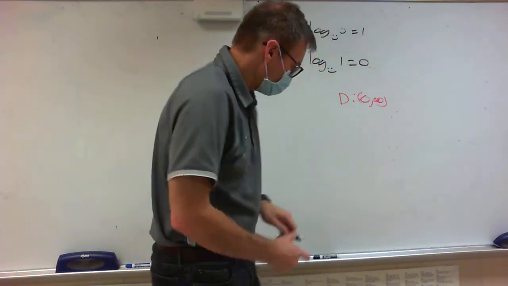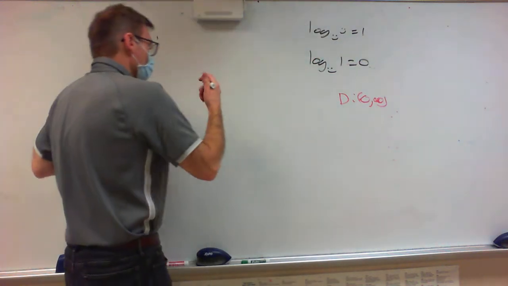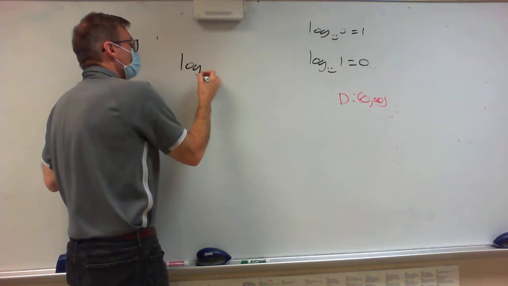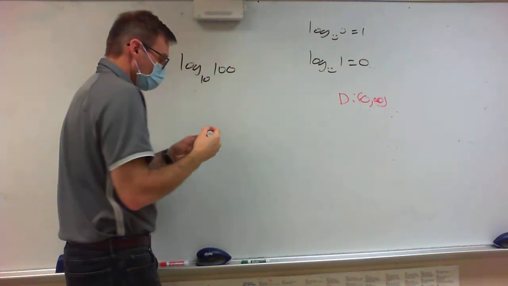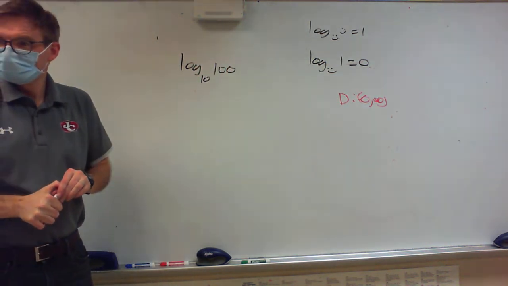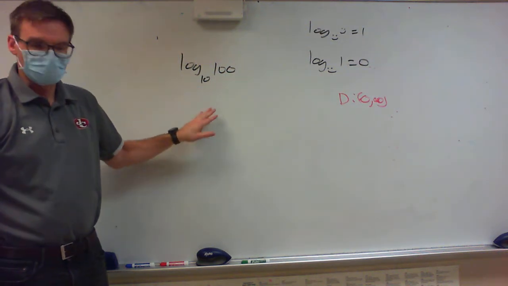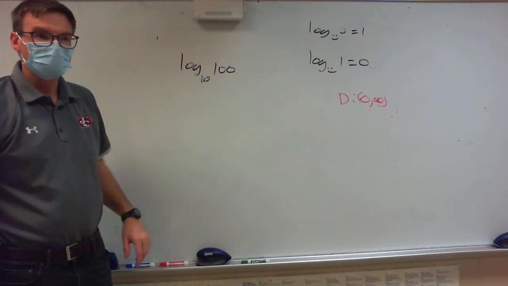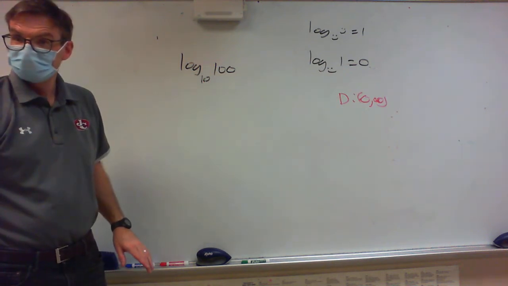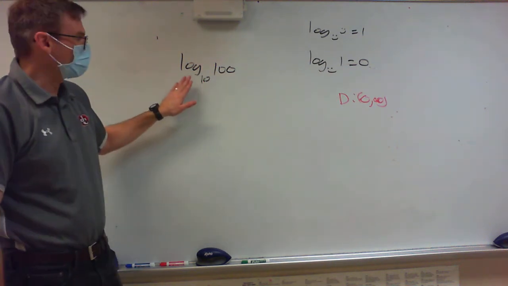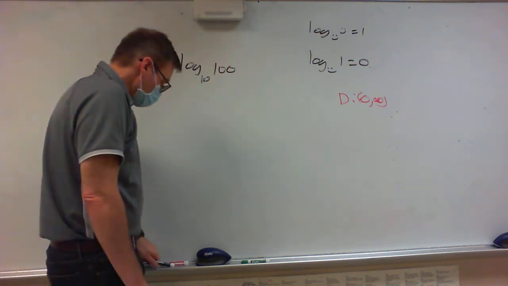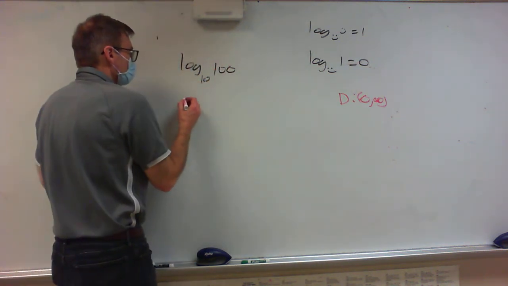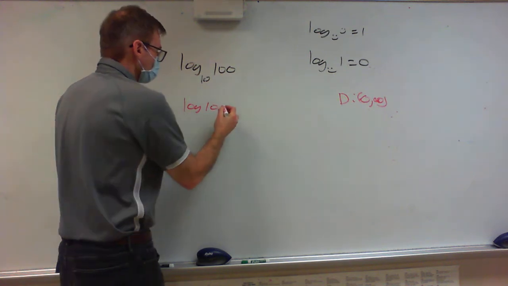The engineers would use log base 10 a ton. They kept using log base 10 a lot, and they got tired of writing the base. So instead of writing log base 10, they just write regular old log.